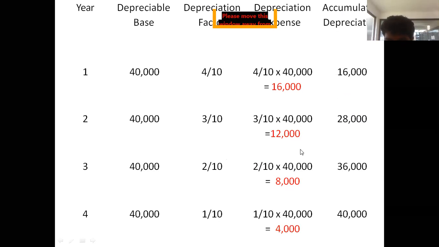So cumulative is 36,000. Next, 4,000 is there. So overall we get a cumulative of 40,000. We can cross check. Finally we get the 40,000 rupees depreciation base.